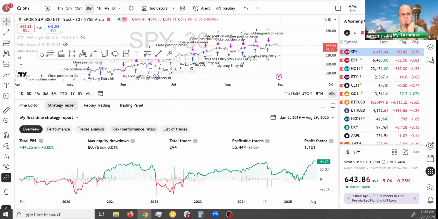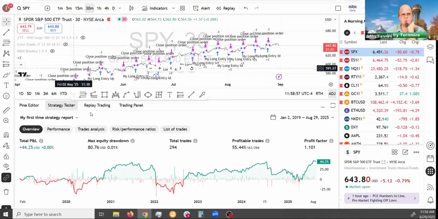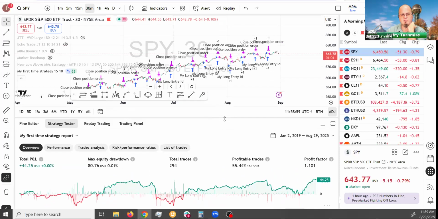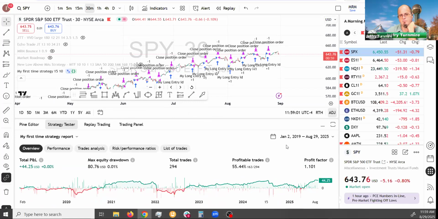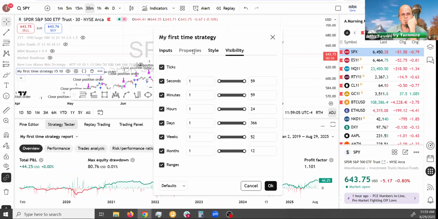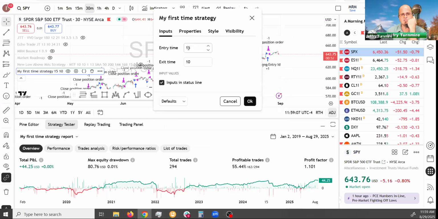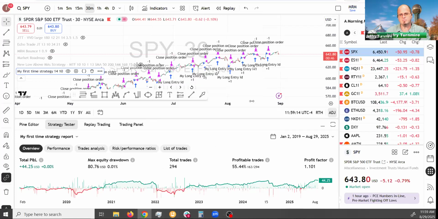Now let's see if there's any time of day that can improve these numbers at all. We've got 55%. Let's go in here. We can click the properties, or I mean the inputs, excuse me. We can change the get in time to 2 o'clock. Let's see if getting in a little early helps us at all.